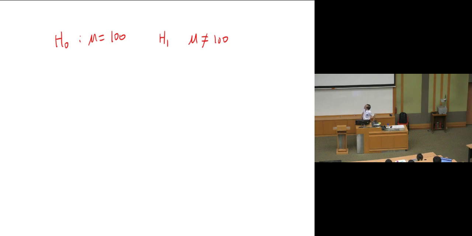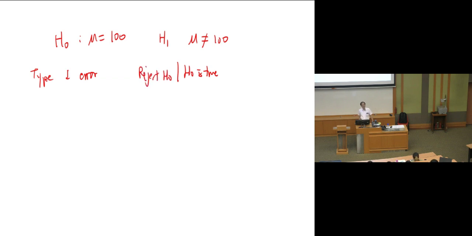Okay. So we have this hypothesis, and then we have type 1 and type 2 error. Type 1 error is when H0 is true, and we do not think that it is true, so we reject it.